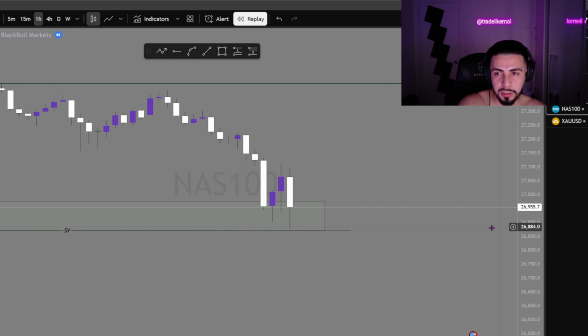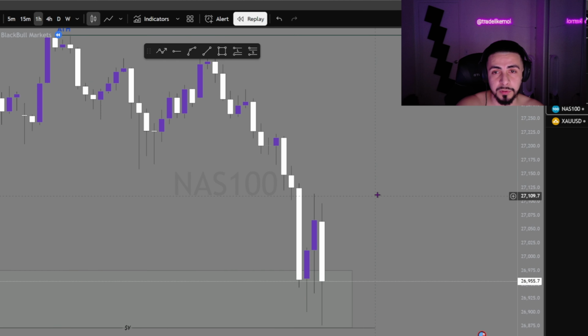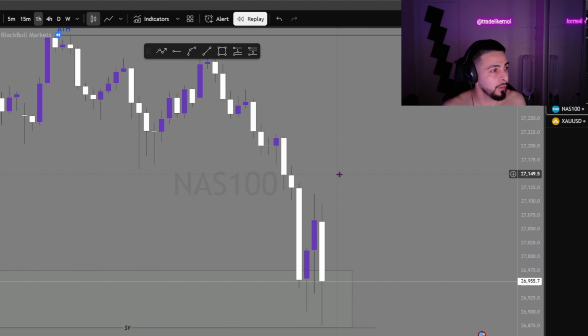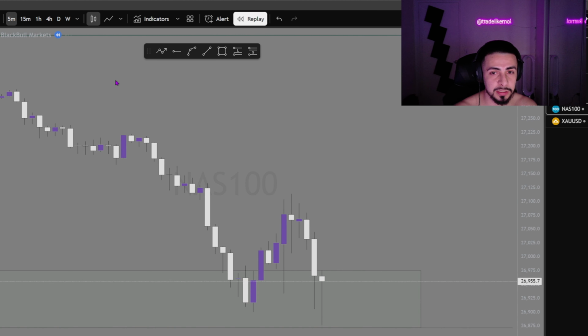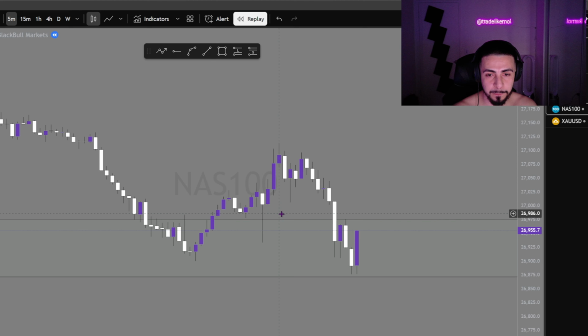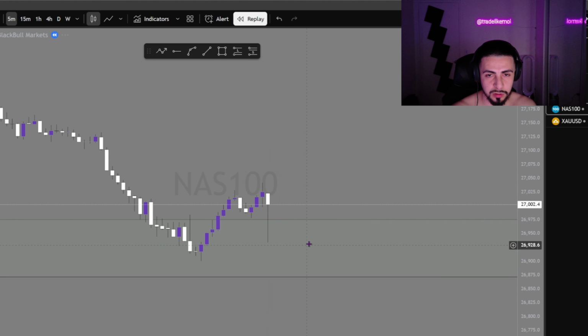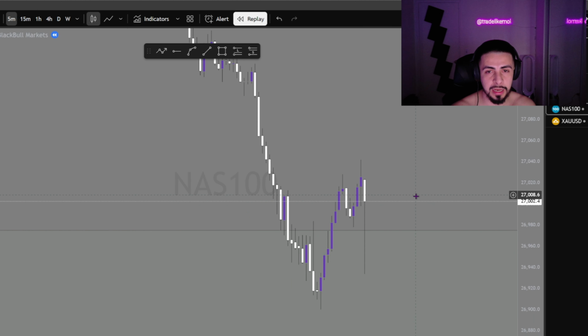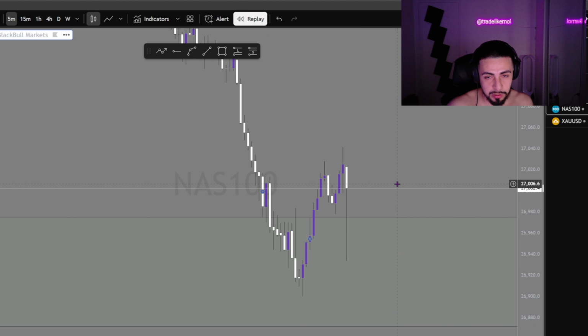So let's check the 1 hour. The 1 hour is bearish, but we are inside a 4-hour order block, and it is after 6:30. So after 6:30, we're inside this order block, and we know we should be looking for buys.